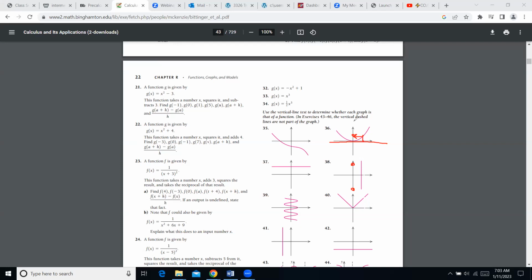And range is always going to be on the y-axis. So for example, for problem number 36, the domain of this function will be all real numbers. Or in other words, entire x-axis, all values on the x-axis, we call them all real numbers or all reals.